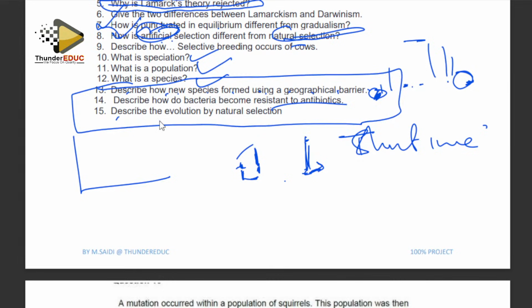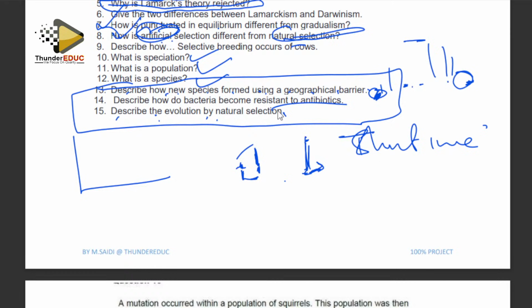They're saying describe evolution by natural selection. You start by saying that organisms produce a large number of offspring. That's point number one. There is variation among these organisms.